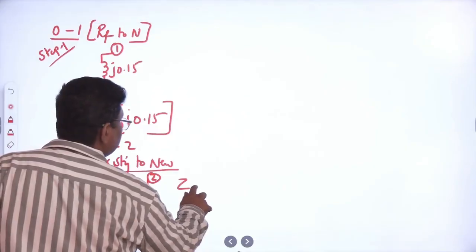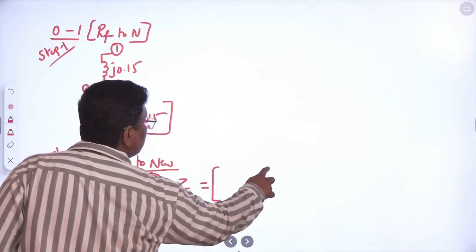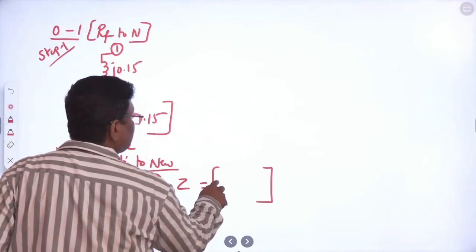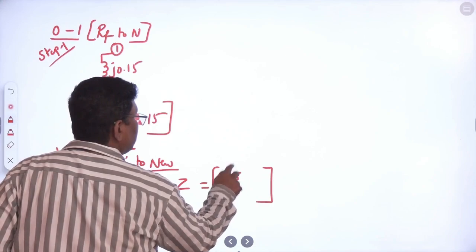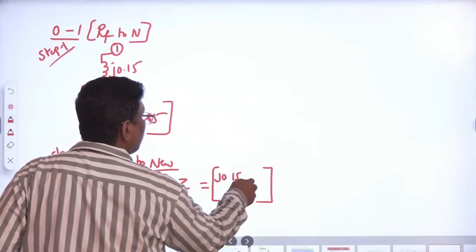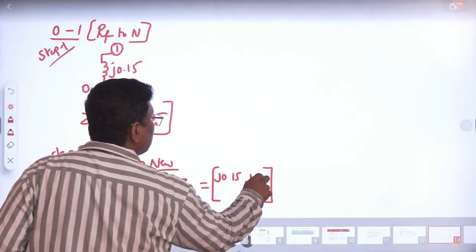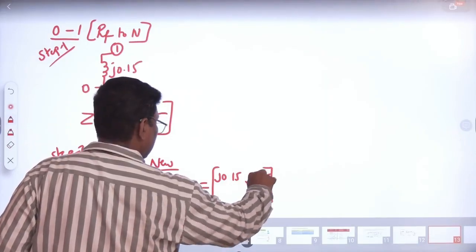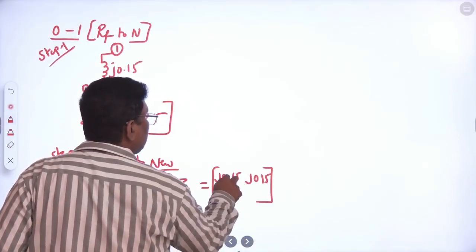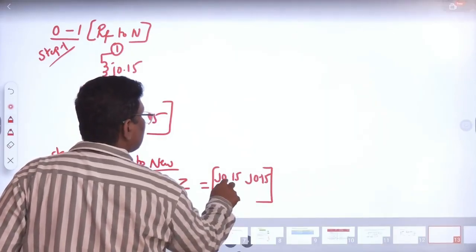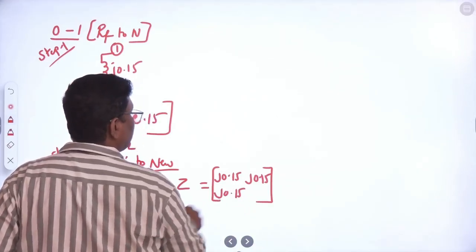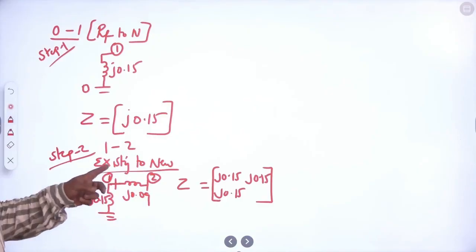So now the size of the Z bus is increased to 2 cross 2. And the type is existing to new. So the previous value is repeated in the first row and first column.